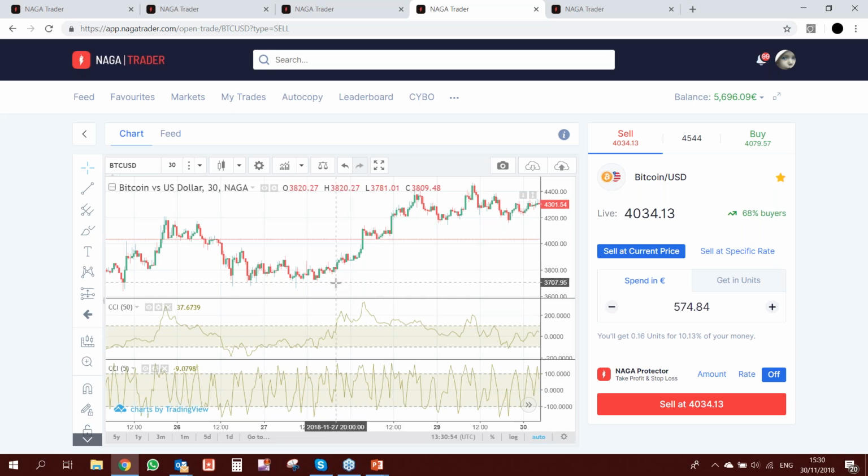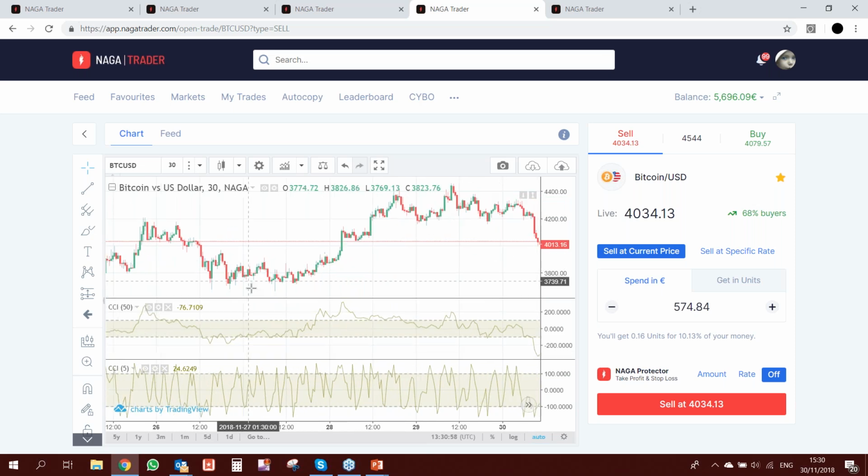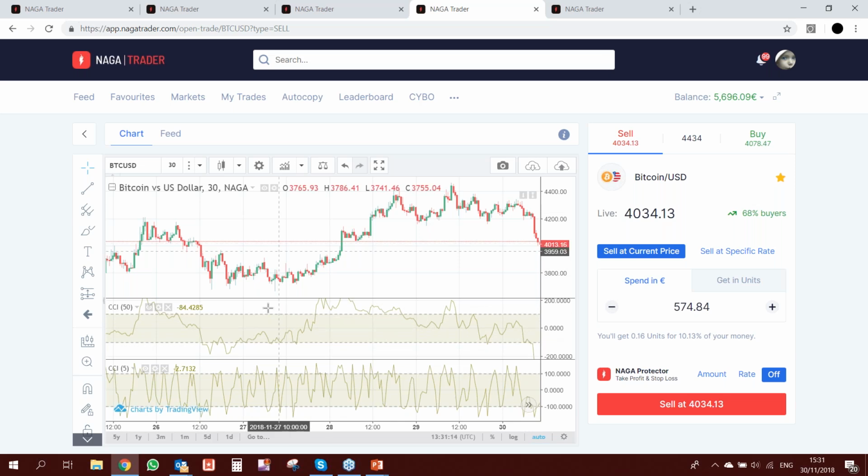Like the stochastic, the CCI provides signals. It does have an overbought and an oversold. The overbought is the 100, the oversold is the minus 100. We have the equilibrium line at 0.